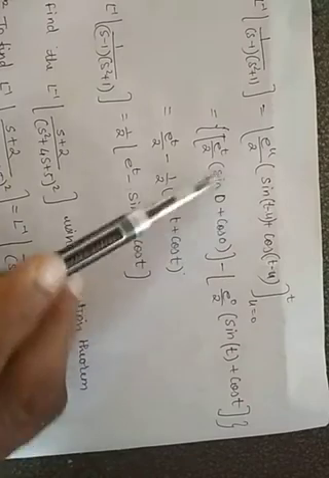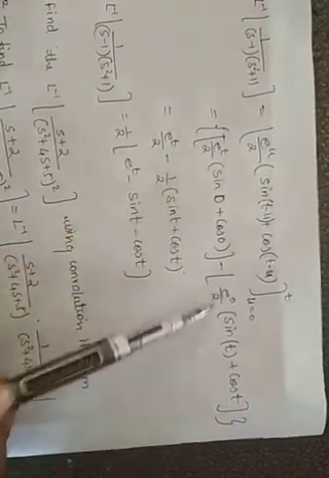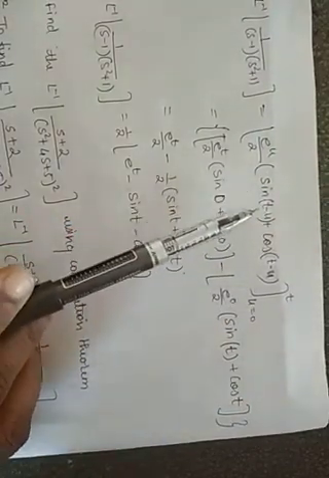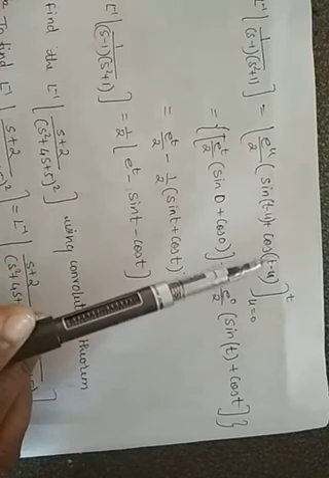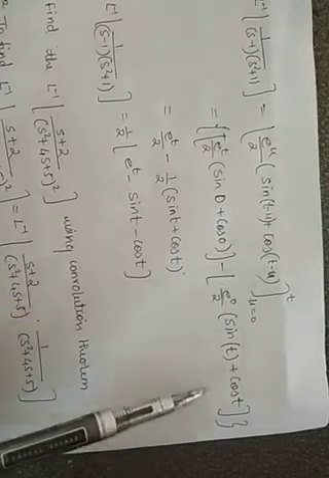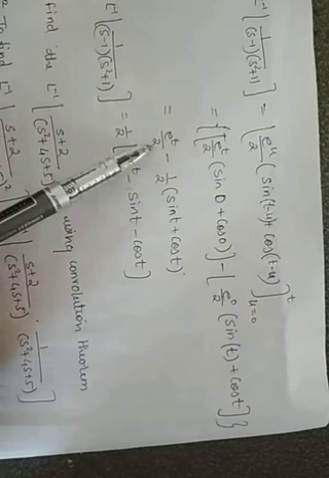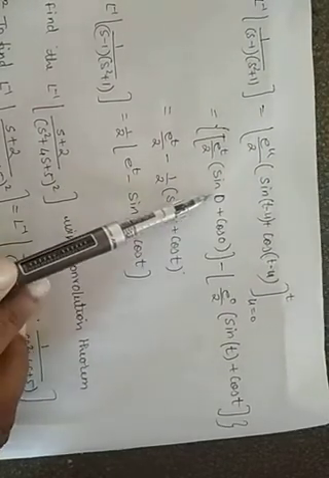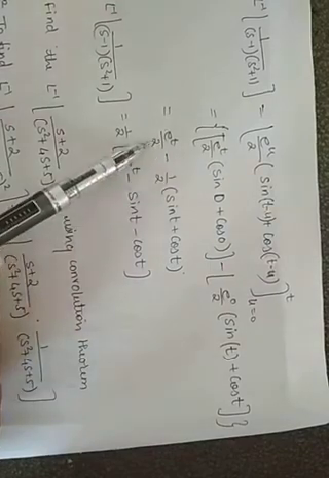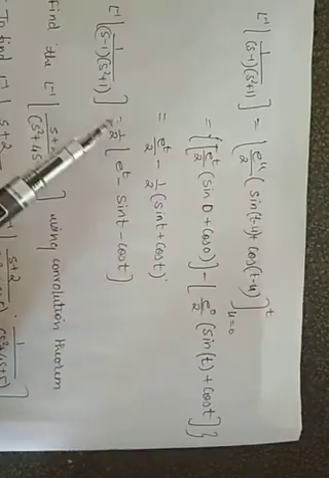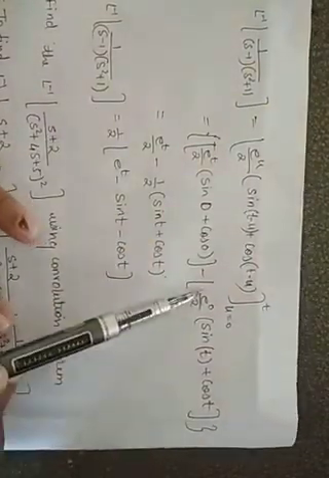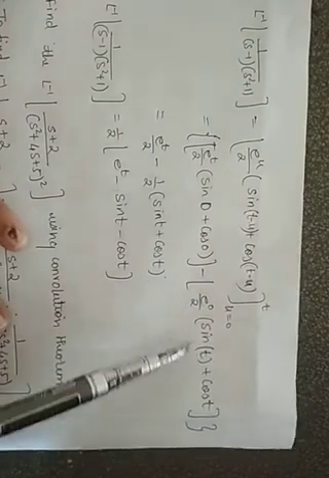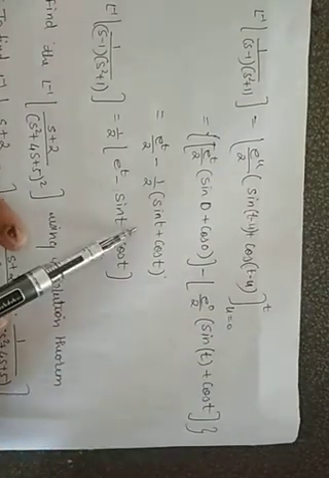For the lower limit 0: e raised to 0 upon 2. Sin of t minus 0 is sin t, cos of t minus 0 is cos t. Hence e raised to t, sin 0 is 0, cos 0 is 1, 1 plus 0 is 1. 1 into e raised to t by 2 is e raised to t by 2. Then e raised to 0 is 1, 1 upon 2 into sin t plus cos t is remaining.